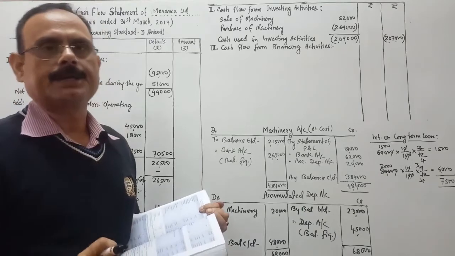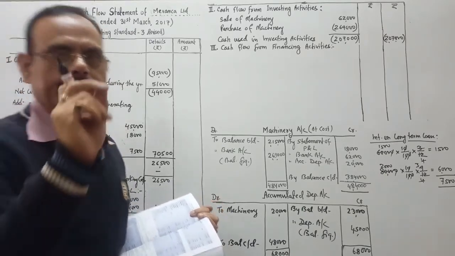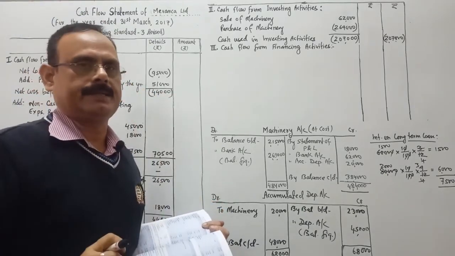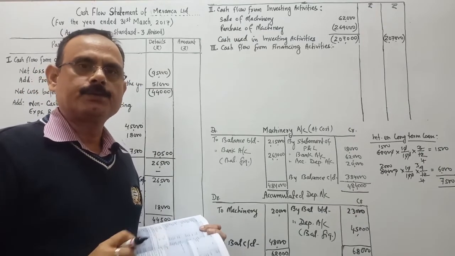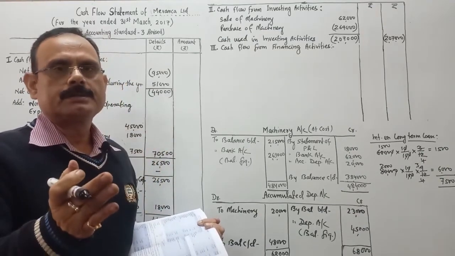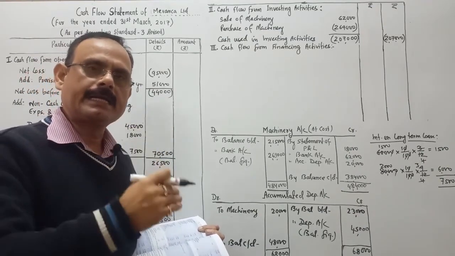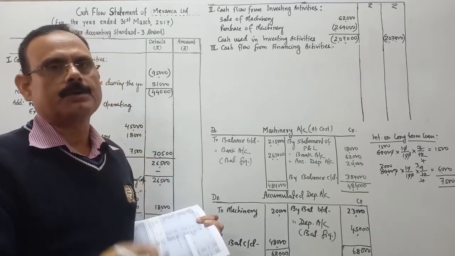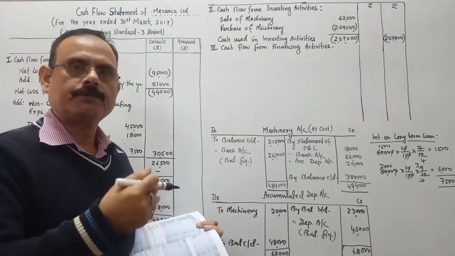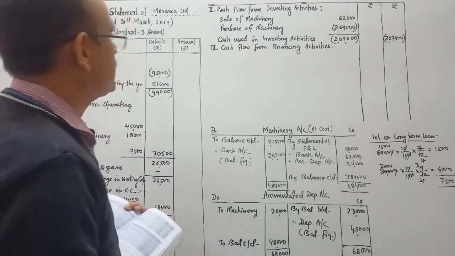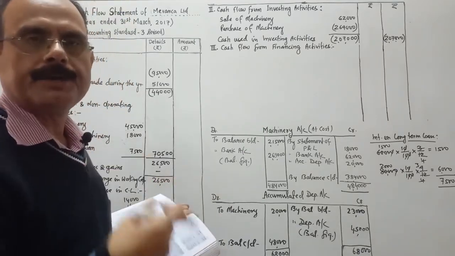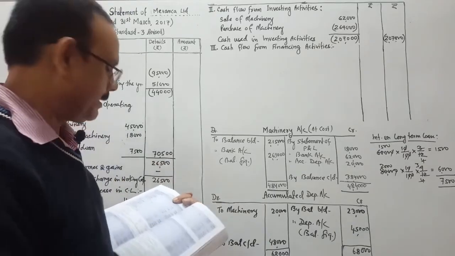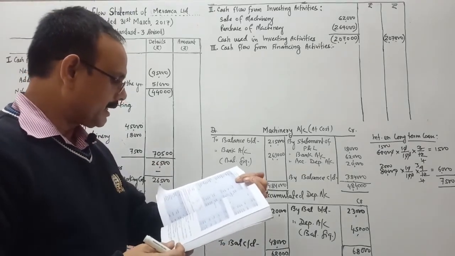For financing activities, we will see the equity and liability side of the balance sheet, because it is related to change in the size and structure, composition of owner's capital and borrowed capital, and it is related to interest paid, dividend paid, interim dividend paid.